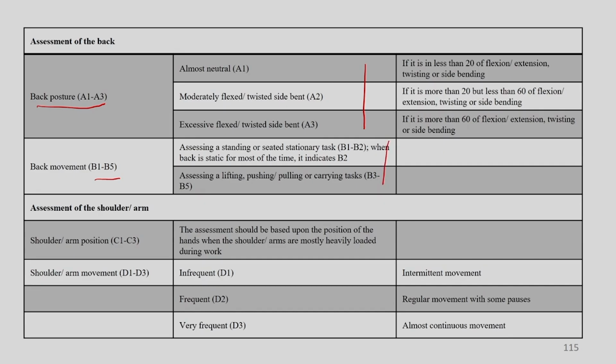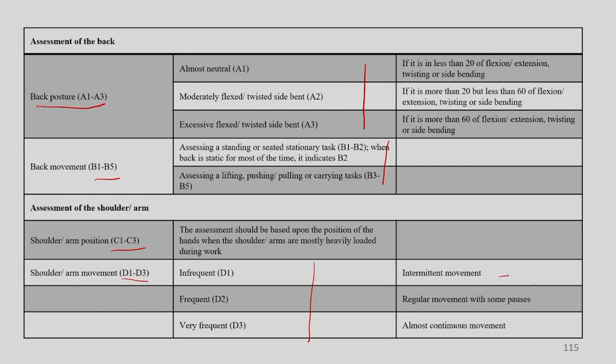Back posture is denoted by A, back movement is B. Shoulder and arm position is C1 to C3, shoulder arm movement, that is D1, D2, D3. So here is the description. Everywhere you have the description in this particular form, in this particular chart. So you can read it out and take the decision.